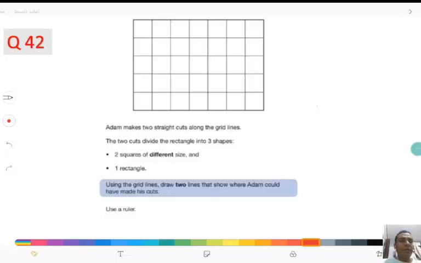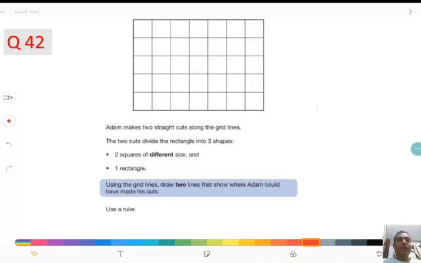Adam makes 2 straight cuts along the grid lines. The 2 cuts divide the rectangle into 3 shapes, 2 squares of different size and 1 rectangle. Using the grid lines, draw 2 lines that show where Adam could have made his cuts.